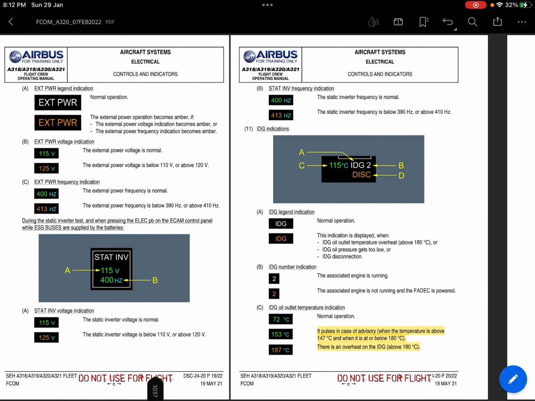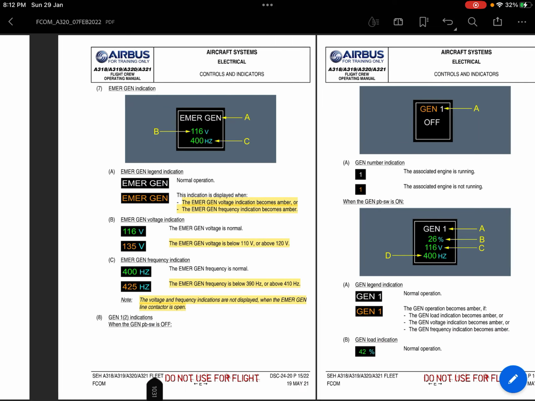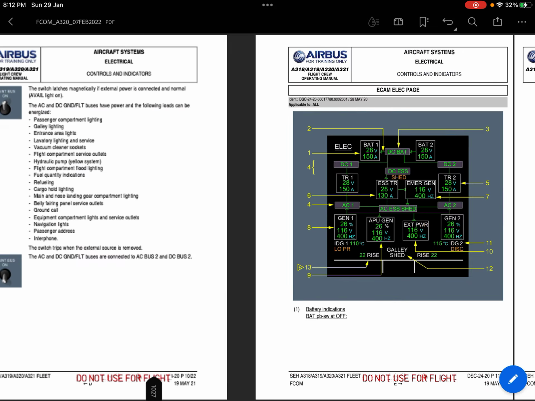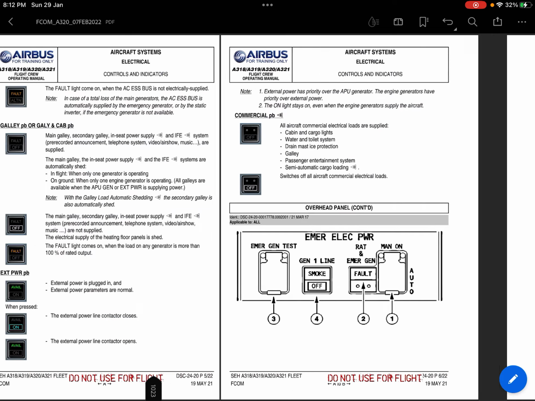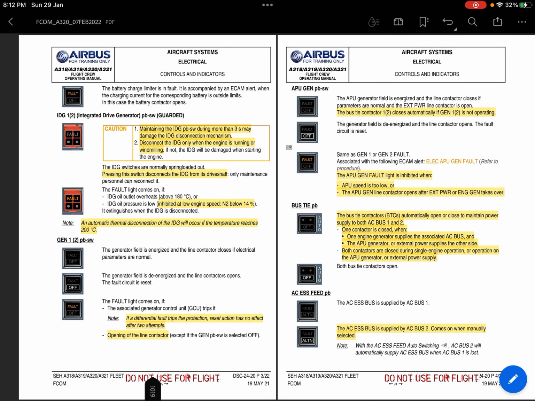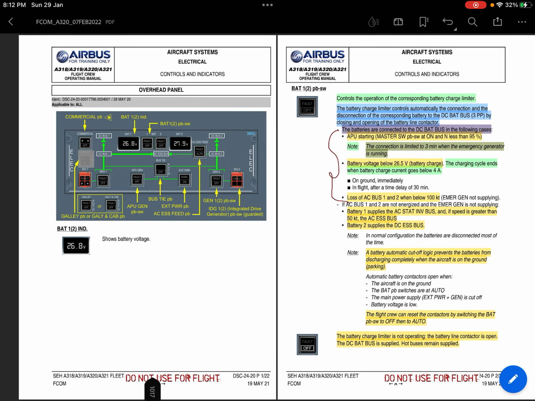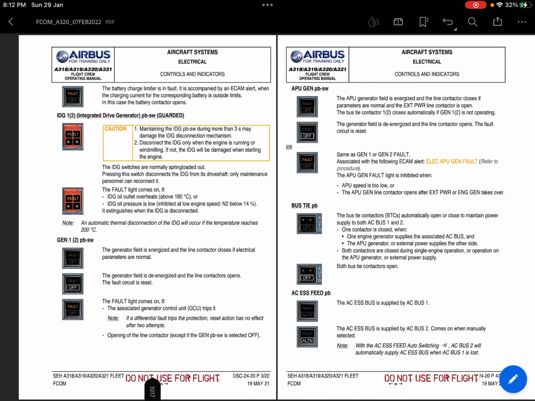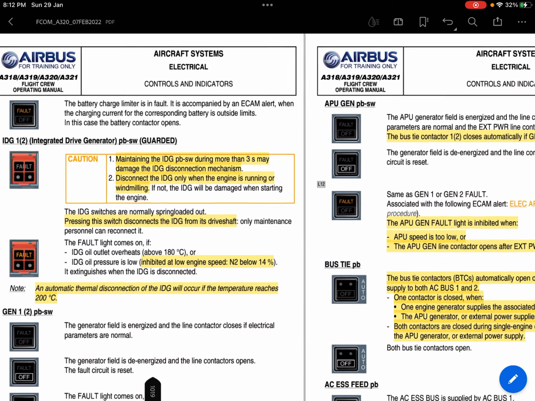Talking about the overhead panel, battery fault light. So where is the overhead panel? Here it is. Okay, battery, this is the overhead panel, and this is the fault light.